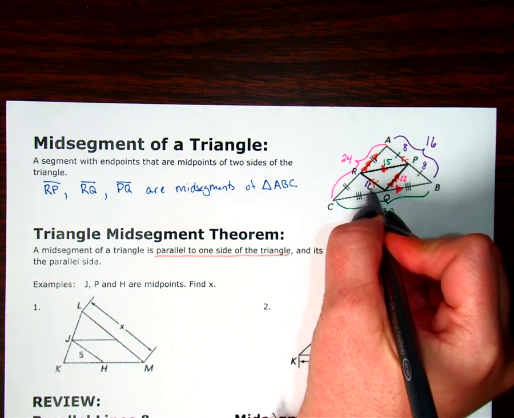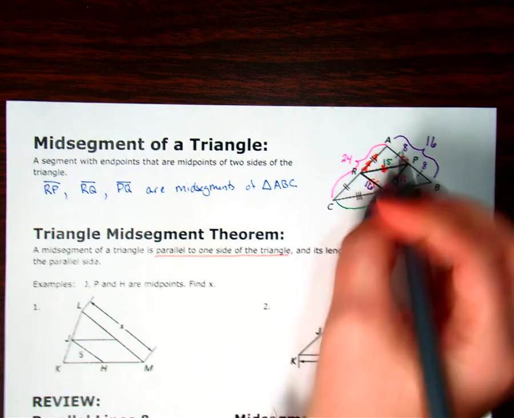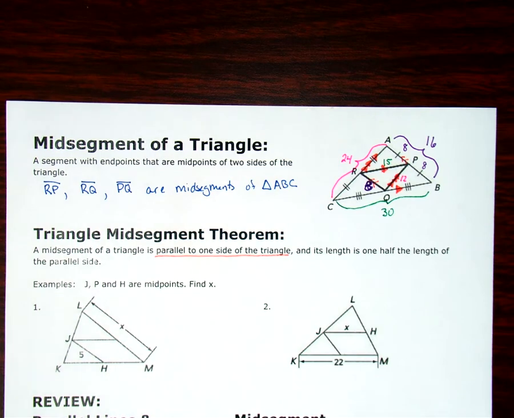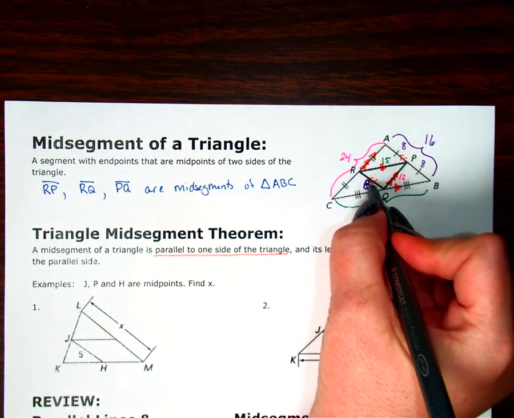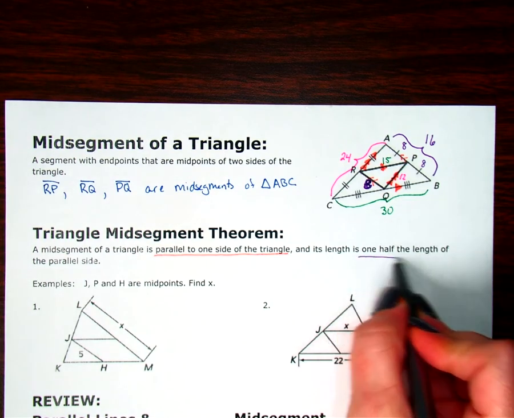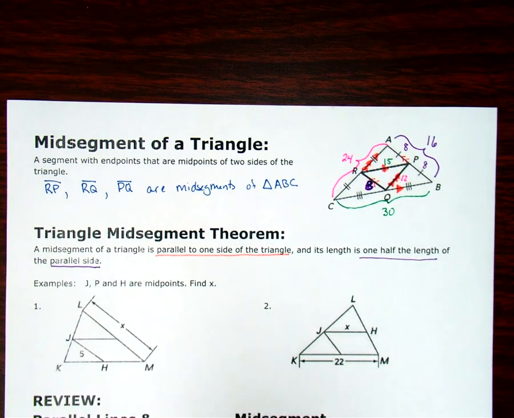So this would be, oops, not 16, but half of that, it would be 8. Okay, that's an 8. It's hard to tell. Okay, so it's parallel to the side it's not intersecting, and it's also half of that side. Okay, 1/2 the parallel side.